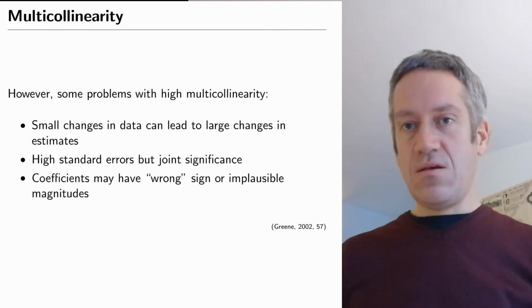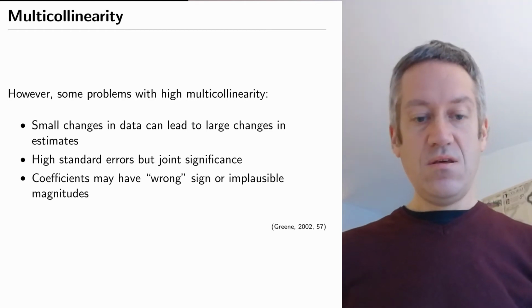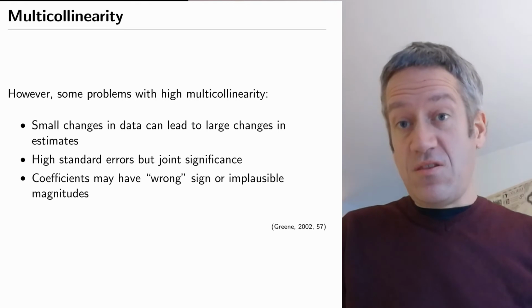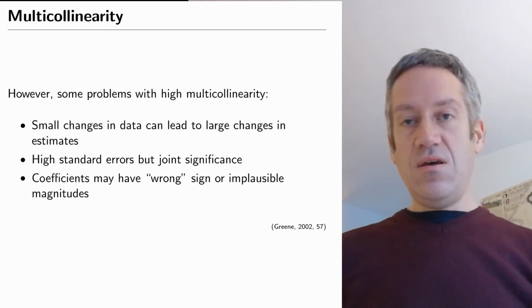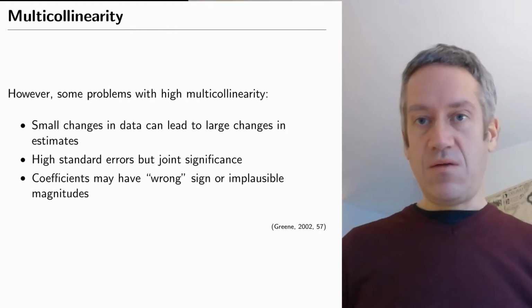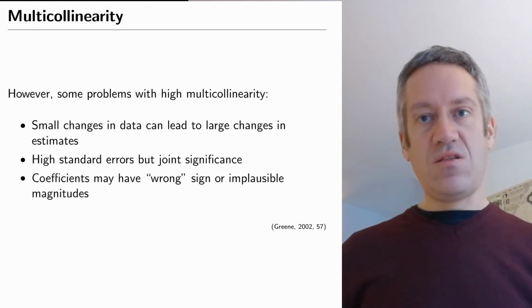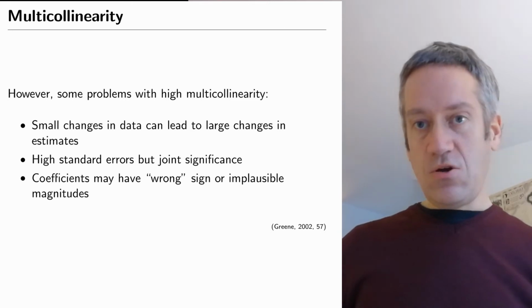In other words, you get insignificant t-tests, but you get significant f-tests. So that makes it harder to interpret. And sometimes the coefficients really become unstable, so they can have the wrong sign or be really wrongly estimated because of the high multicollinearity. So with high multicollinearity, the model becomes harder to estimate, it becomes more unstable, it becomes harder to interpret.